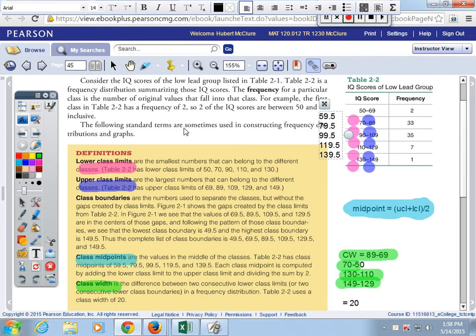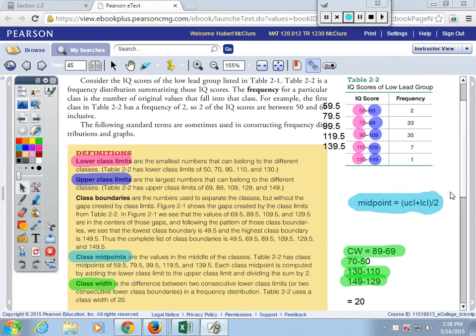Now, the only thing left is the class boundary. Before I do the class boundary, I need to make a note about something because it's going to get you on the test if I don't. That's not the right color. No, I'm sorry, that goes right here.